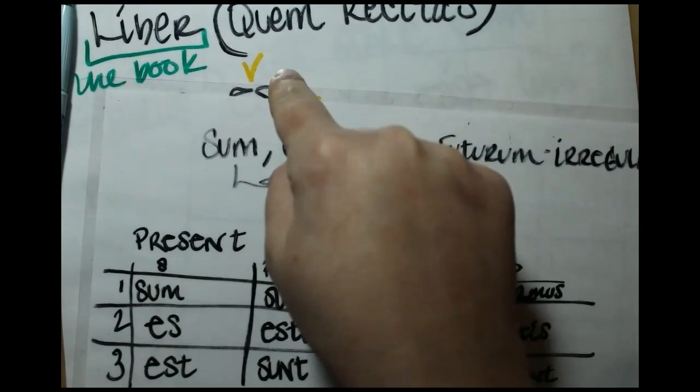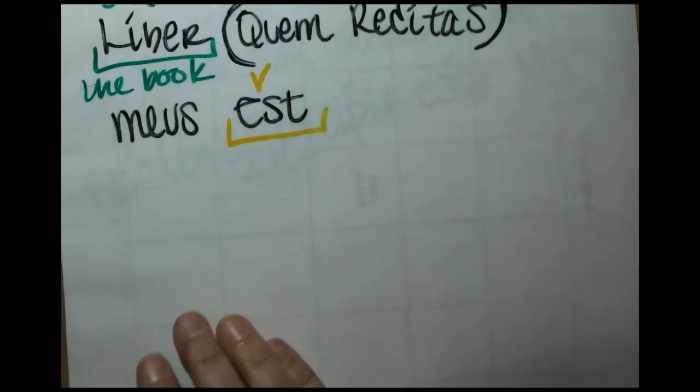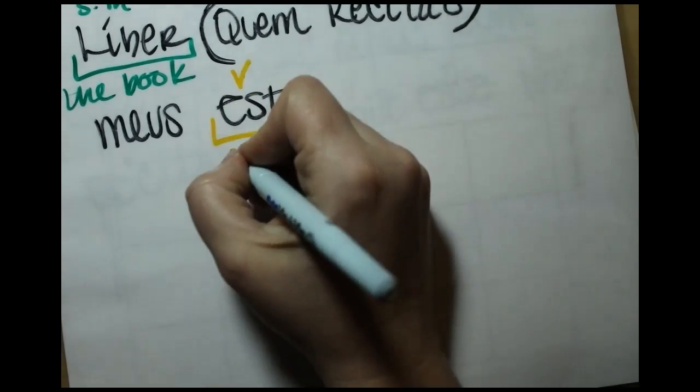The book is the subject of the verb here. It's a singular third person. The book is. Okay, and then what we have left on the outside here is meus.